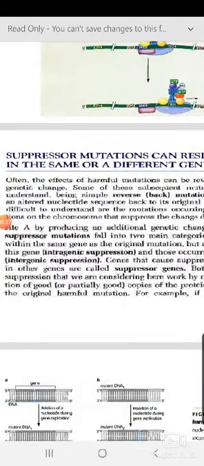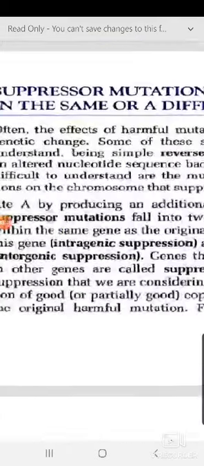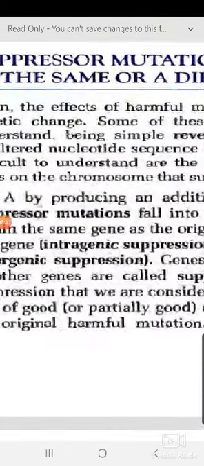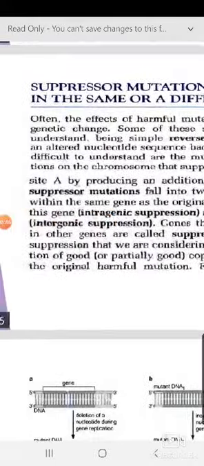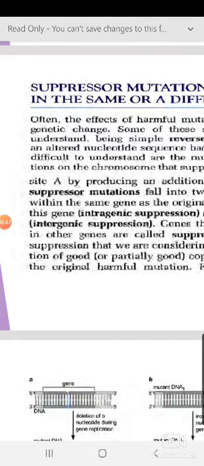This type of thing we call suppressor mutation, and it falls into two main categories. One is called intragenic, that means within the same gene. Another one is intergenic. Intragenic means one point mutation happened and because of that the protein is non-functional, and the second mutation happened in the same gene but at another site. Because of the second mutation you may get back the protein function again.